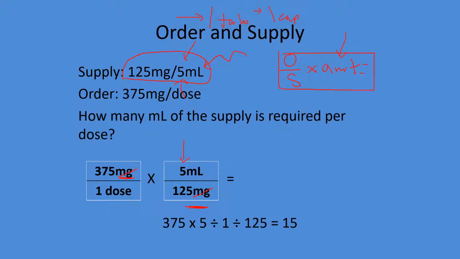What is our order? 375. And again, you have to be in the same units for this to work. Our supply is 125 milligrams per 5 ml. So 375 divided by 125 times 5 will still give you the 15 ml. So that's the shortcut. Order over supply times the amount.